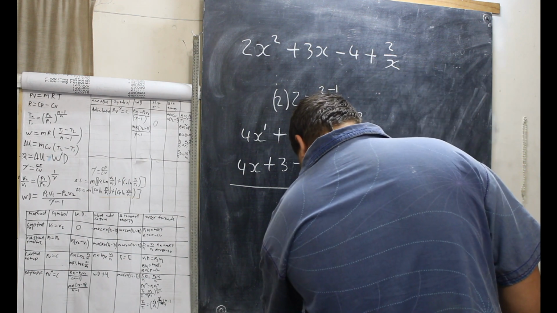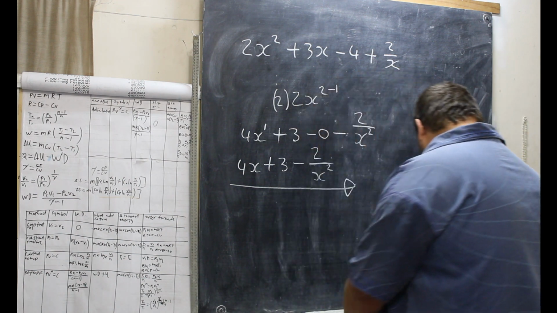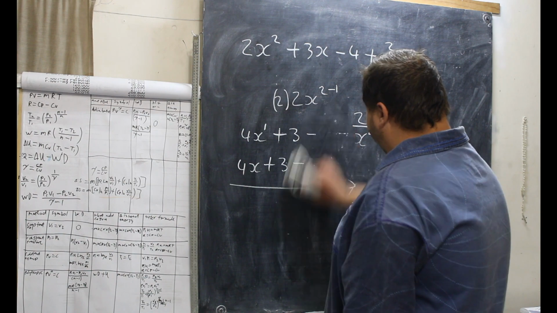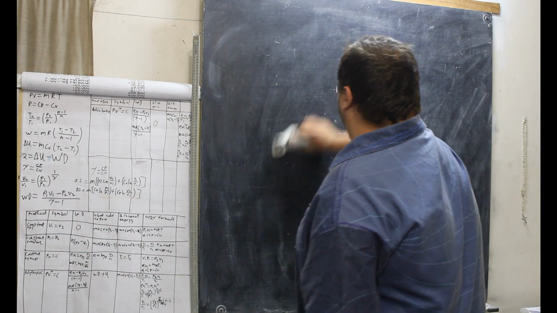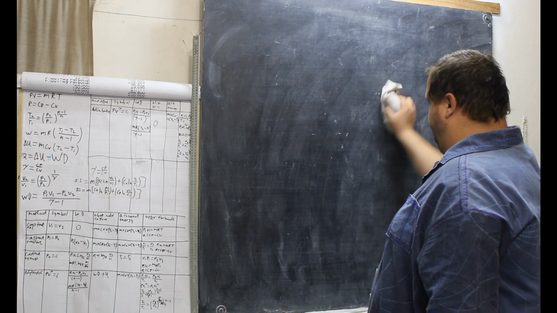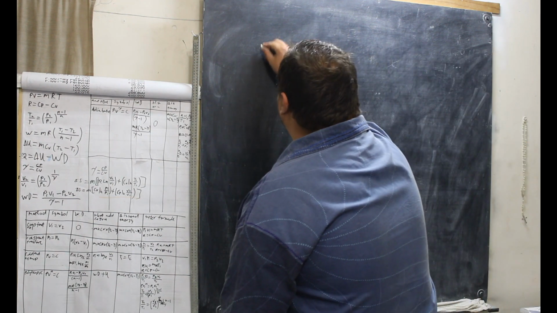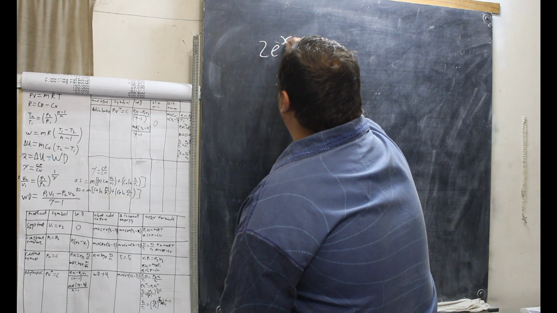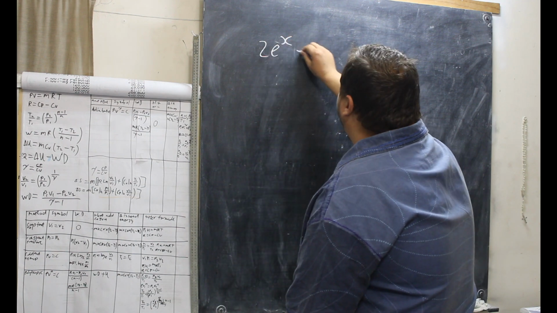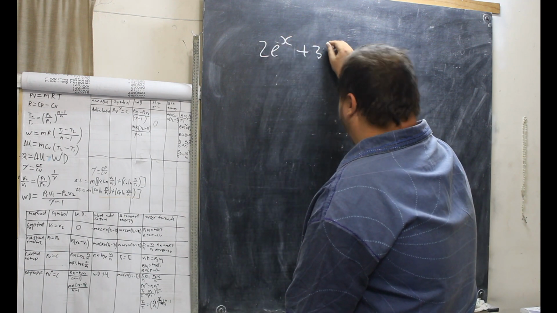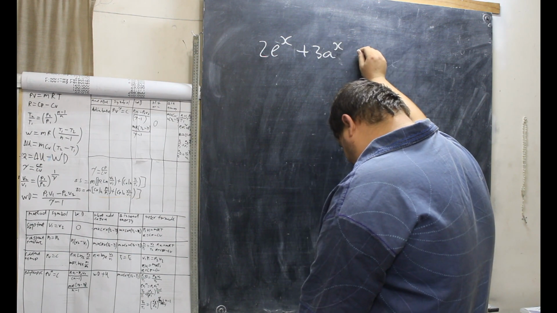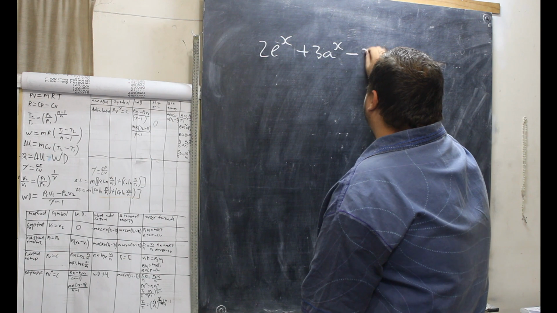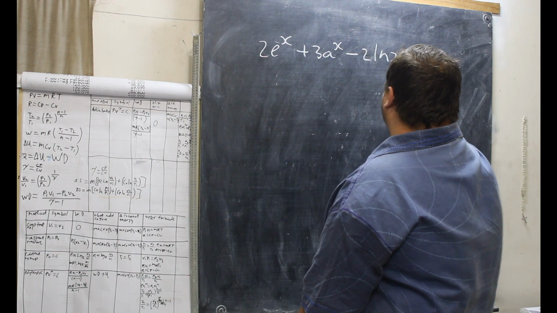Now we're dealing with something a little bit different: y equals 2e to the power x plus 3a to the x minus 2 ln x.